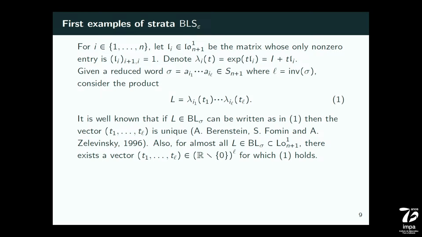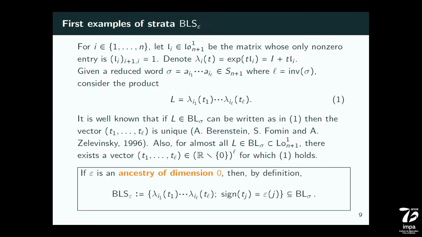So if you are in an ancestry of dimension 0, you have a matrix like that, where the sign of tj is exactly the entry of epsilon in position j. Let me explain again.